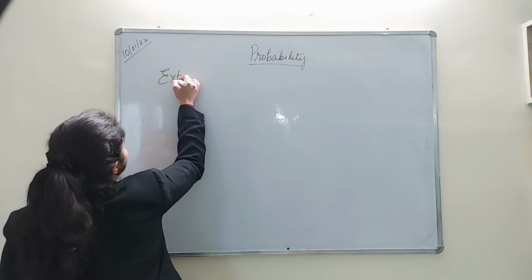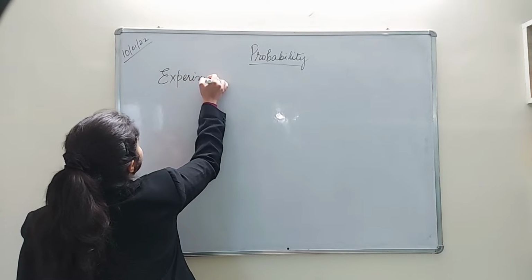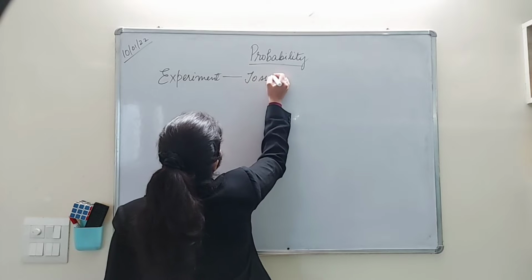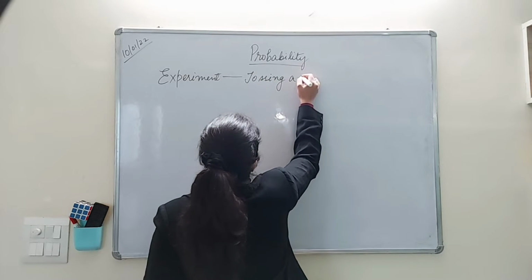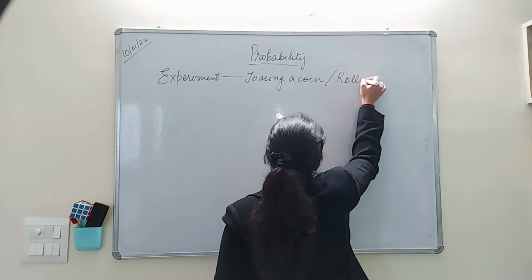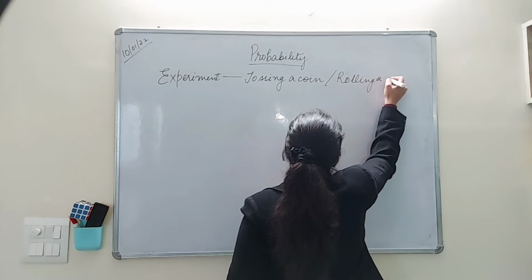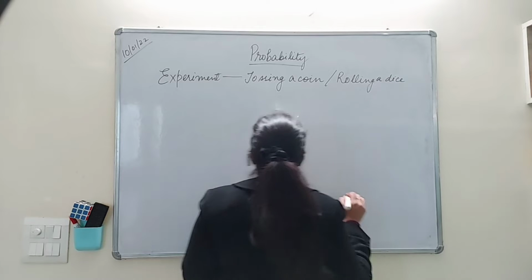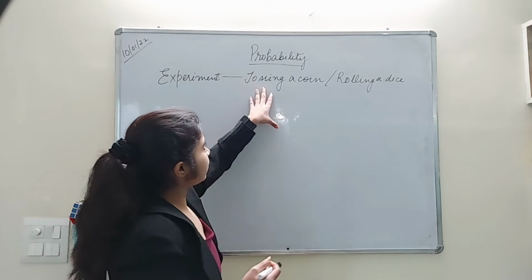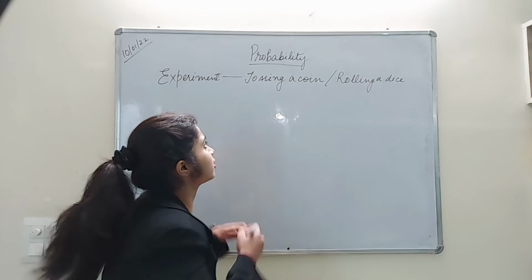In probability, we talk about experiments. Experiment of, let's say, tossing a coin, or rolling a dice, and many more. So in each experiment, there could be a number of trials, a number of repetitions. Suppose we toss a coin once, or let's say many times, let's say 1,000 times.